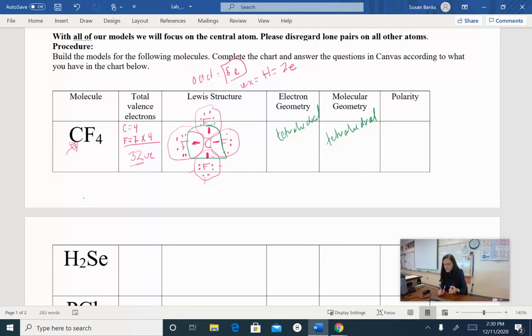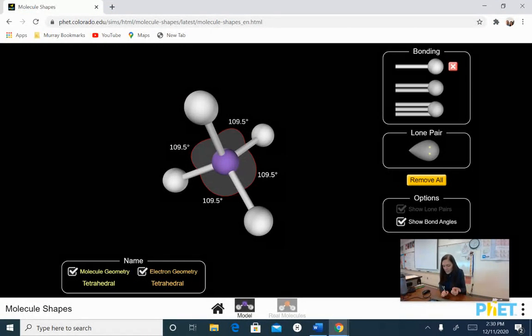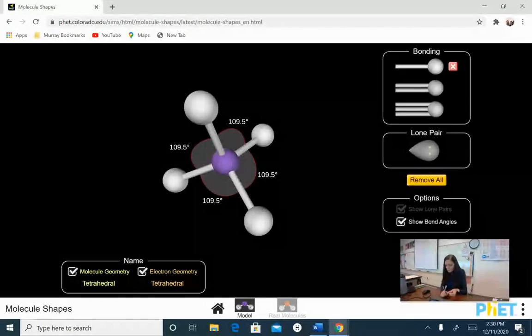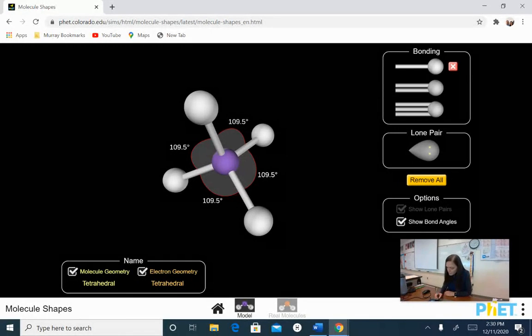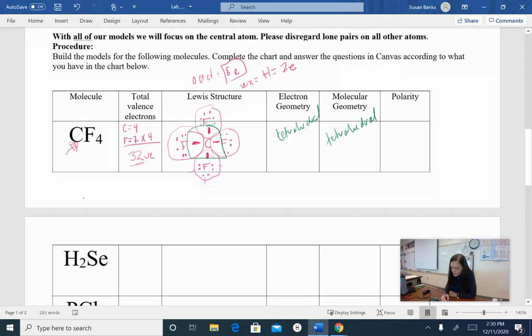Now, the next thing to do is look at this shape and look at our electronegativities for fluorine and carbon. If I look at my electronegativity for fluorine, I have 3.9 or 4.0, depending on what chart I'm looking at, and I'm going to use 4.0.